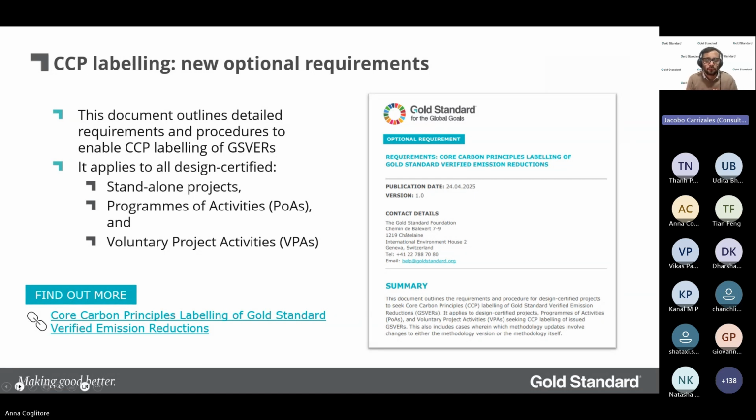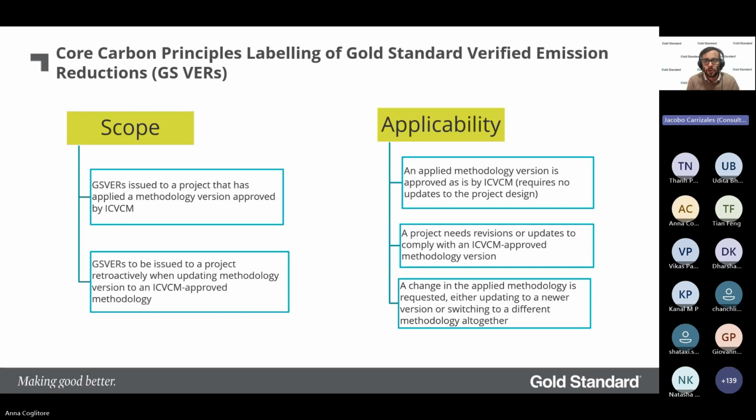We're going to focus very briefly on this document, and we are going to talk about the scope and applicability. The scope of this document covers basically all the Gold Standard VERs issued in the first place to a project that is applying a methodology version which has been approved by the ICVCM.